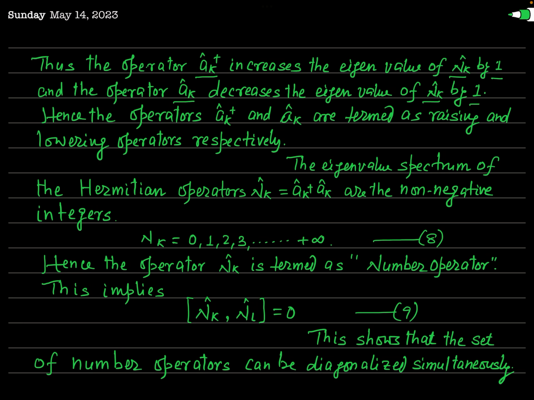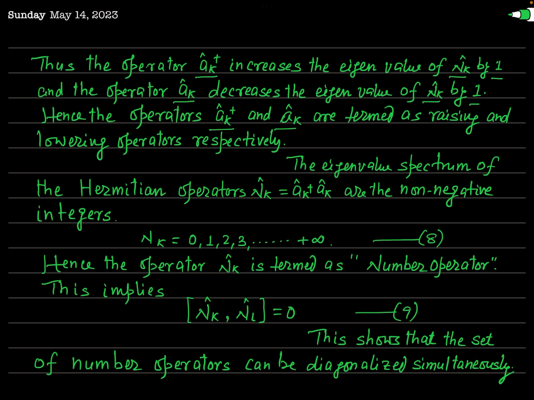This is the reason we call ak dagger a creation operator, because it increases the eigenvalue by 1, and ak an annihilation operator, because it decreases the eigenvalue by 1.